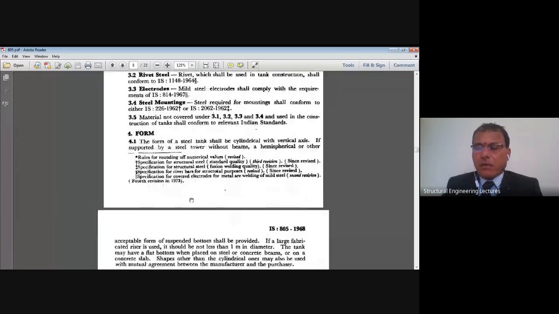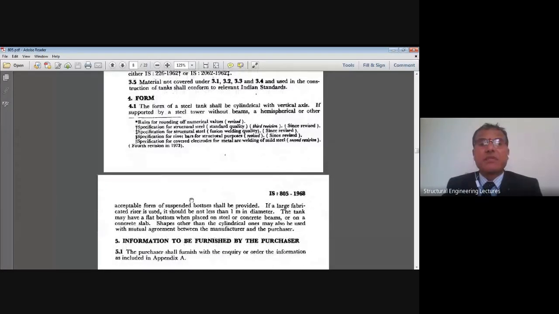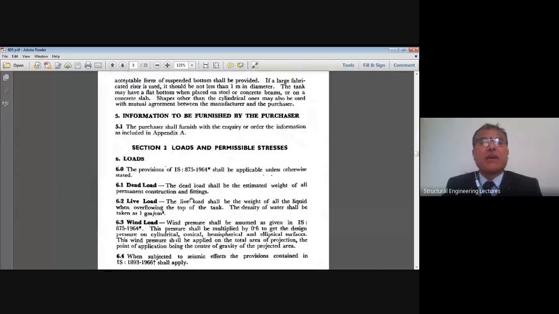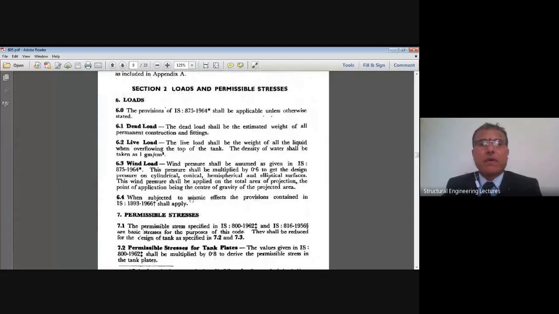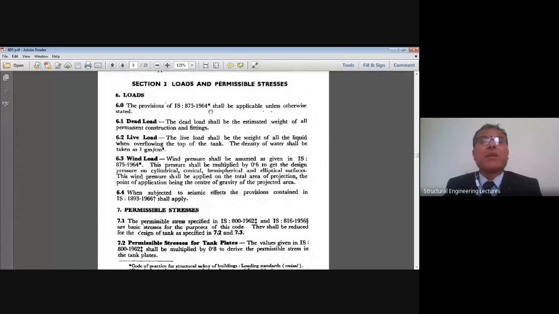Here the important codal specifications are like this. The loads: first of all, what are the different loads that are acting? The loads shall be taken from IS 875, part 1 dead loads, part 2 live loads, and part 3 wind loads. You may refer back to IS 875 part 1 for dead loads, part 2 for live loads, and part 3 for wind loads.